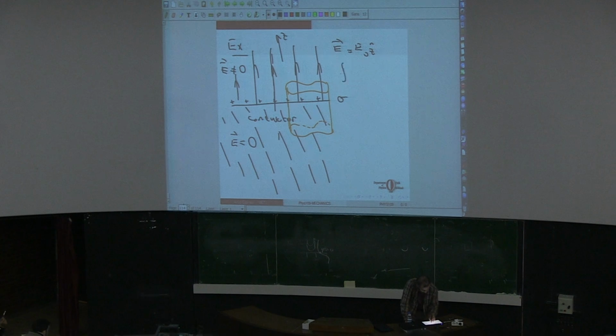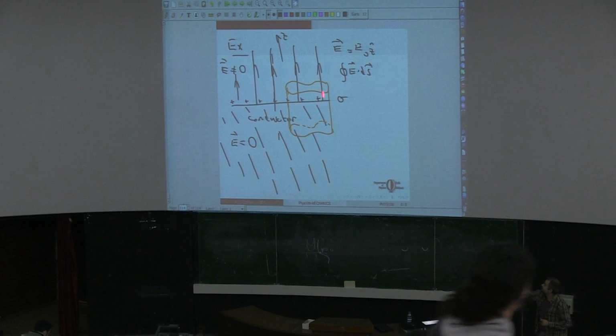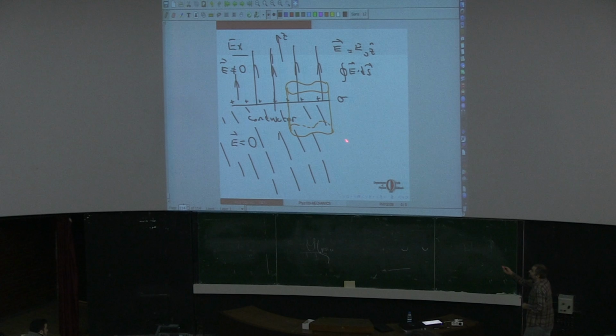Now we can talk about the Gauss integral. I can divide this integral into various parts: I have the top part, the bottom, and the sides. Now, on the sides, the surface elements are in which direction? Just imagine this is my Gauss surface, cut it from here, this is our cylinder.